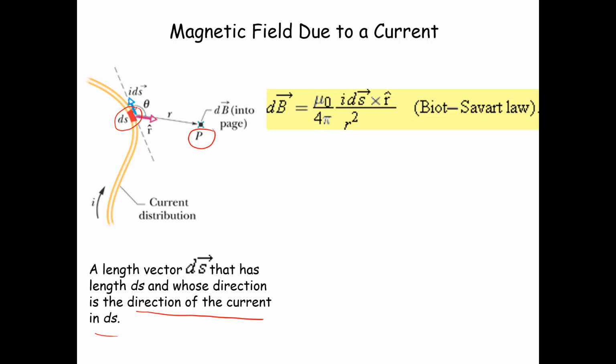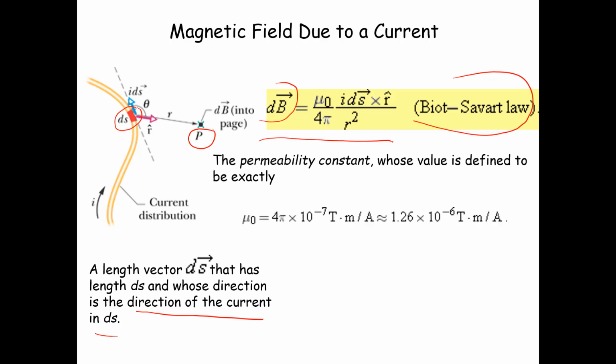First we have to pick the Biot-Savart law. The Biot-Savart law says that dB, the small or partial magnetic field, is equal to mu 0 I ds cross r over 4 pi r squared.